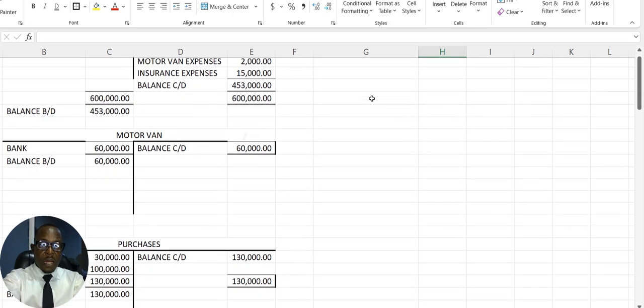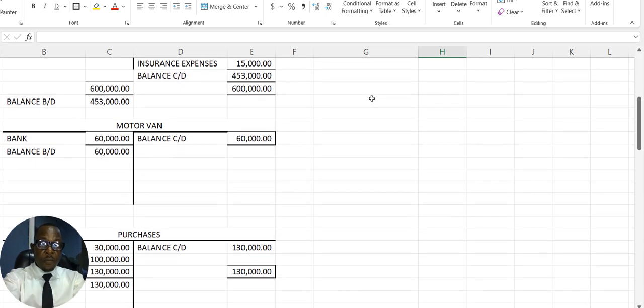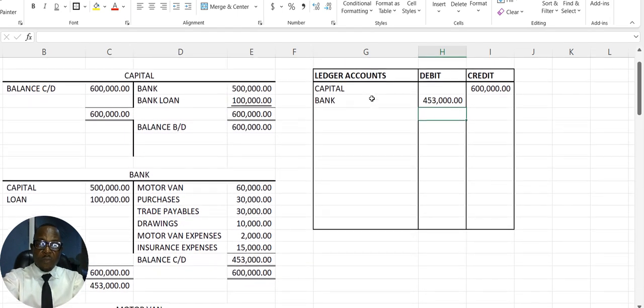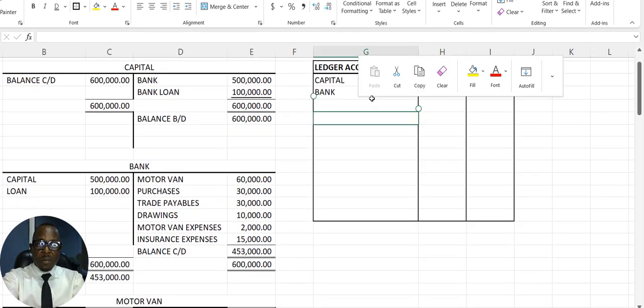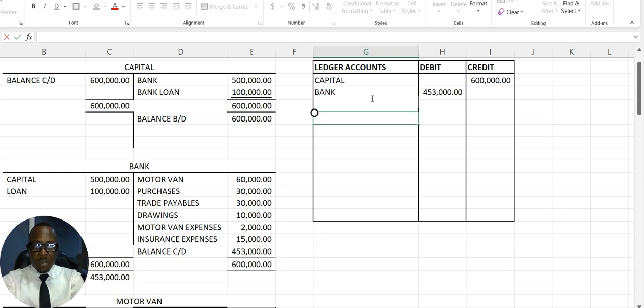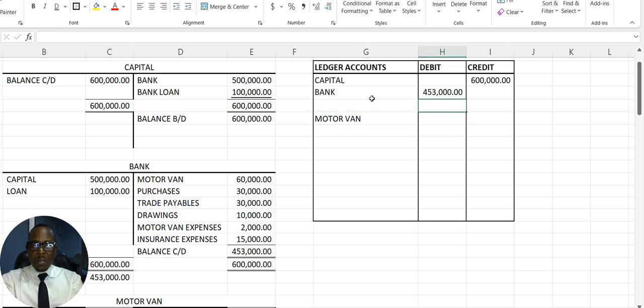Motor van, which is 60,000 on the debit side. Motor van, 60,000.